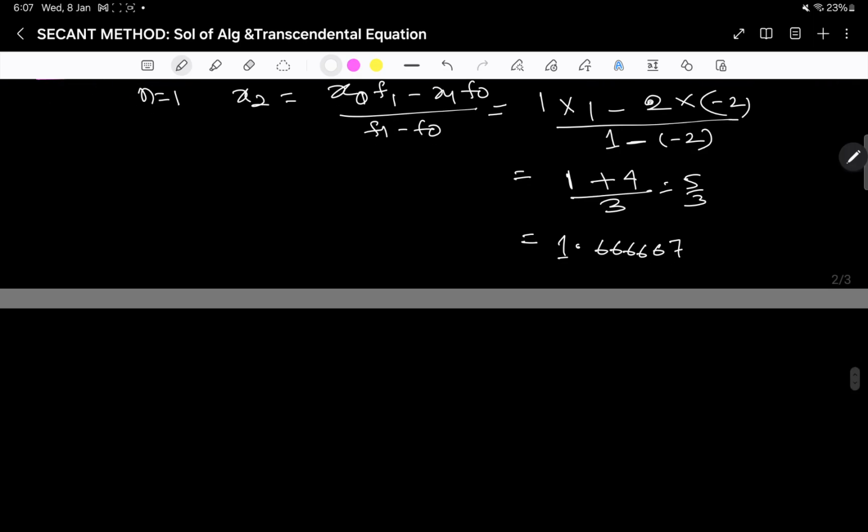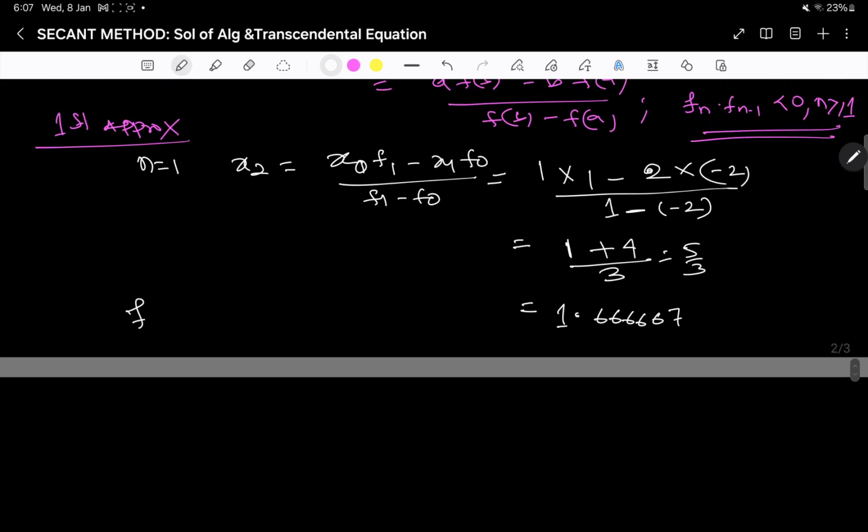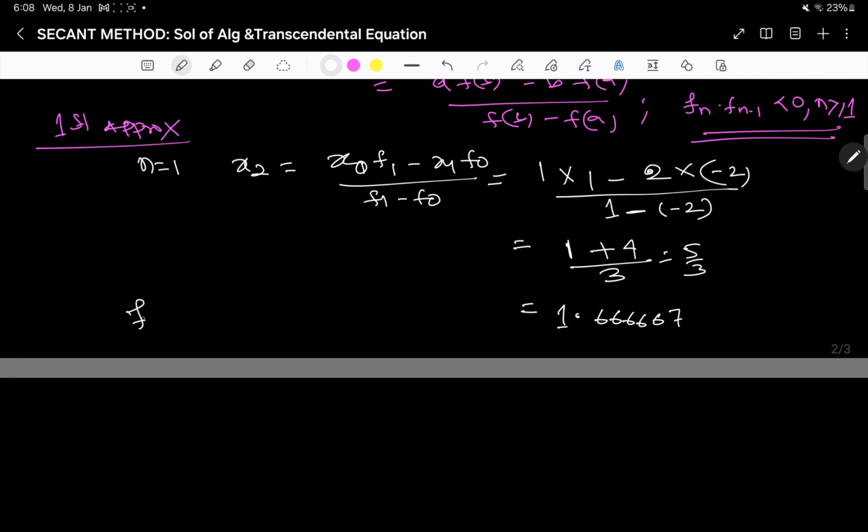So now we have to find f of x2, which is f of 1.666667, and if you simplify it, it will give you minus 0.2221. It is negative. You may check it.